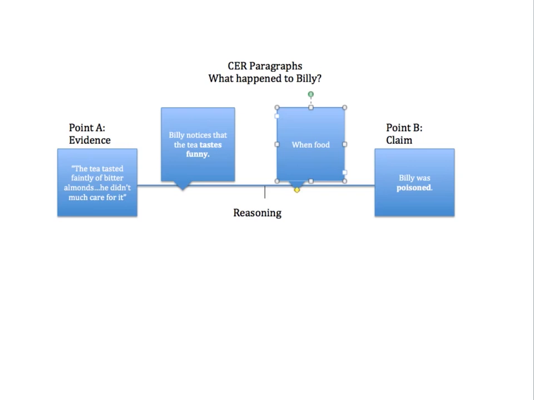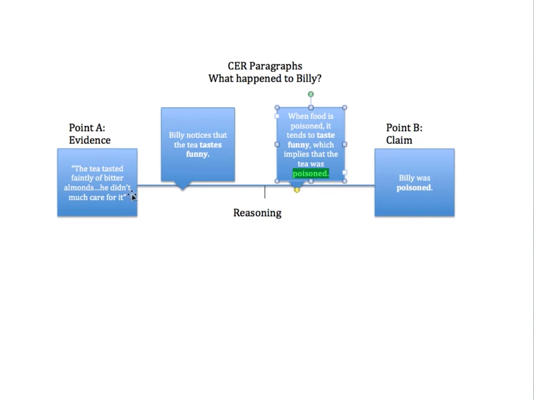When food is poisoned, it tends to taste funny, which implies that the tea was poisoned. Okay, so now I've connected this idea of tasting funny here to the word poisoned here.